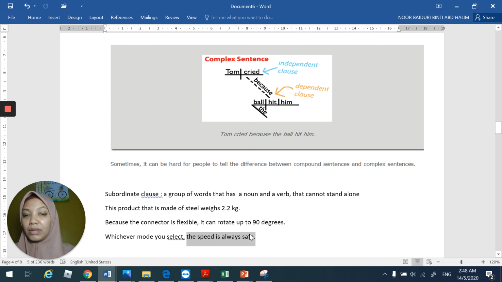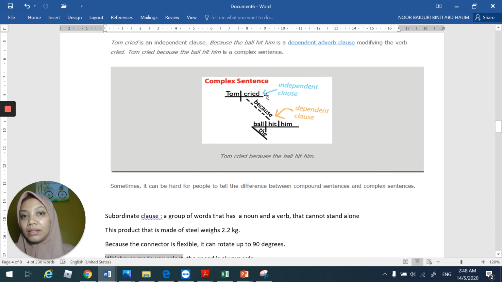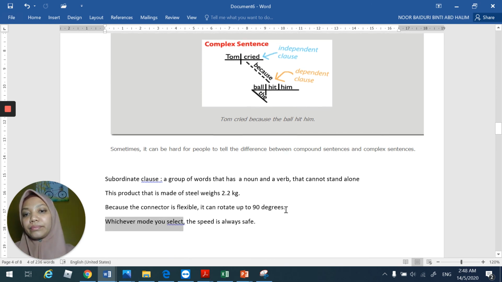Independent, right? Complete meaning already. Tapi this part is dependent clause. It needs to be linked to an independent clause. Sini kita ada independent clause. Then only it becomes a complex sentence. So complex sentence ni hierarchy dia higher lah. Okay, because it's more complicated.